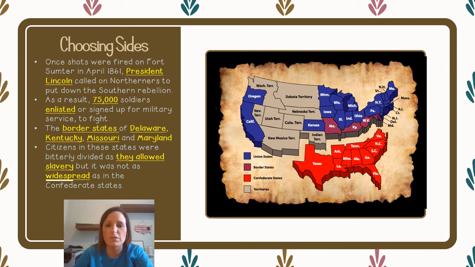After the Battle of Fort Sumter, President Abraham Lincoln called on Northern citizens to put down the rebellion, and 75,000 men enlisted, or signed up for military duty, in the Union Army. This action was not well received by some Southern states that had not yet seceded, but once they learned that their president was raising an army to attack his own citizens, 4 more states seceded, and a total of 11 Southern states joined together to form the Confederate States of America.